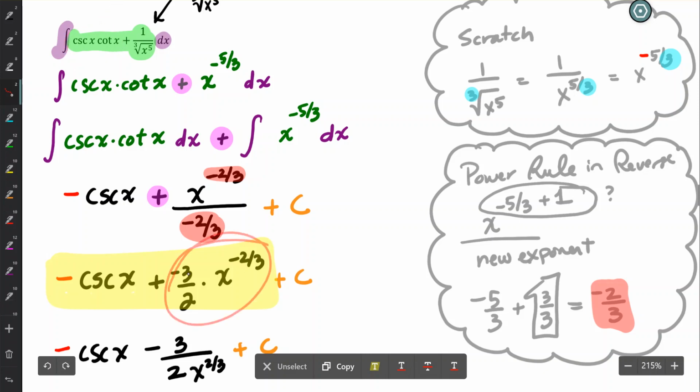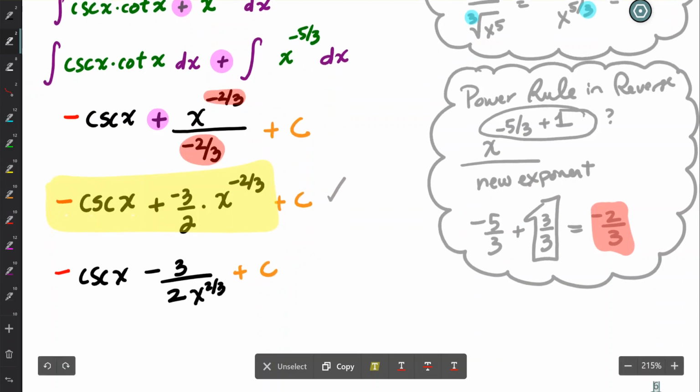The derivative of minus 3/2 times x to the minus 2/3 power: we're going to do power rule, and minus 2/3 times minus 3/2 is minus 6 over minus 6, which is positive 1. X to the minus 2/3 minus 1 is minus 2/3 minus 3/3, which is your minus 5/3. So this is a beautiful place to visually see that we've checked this correctly.